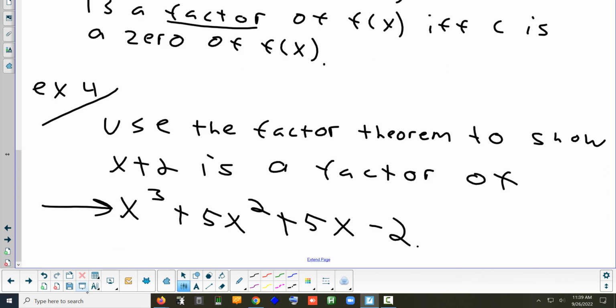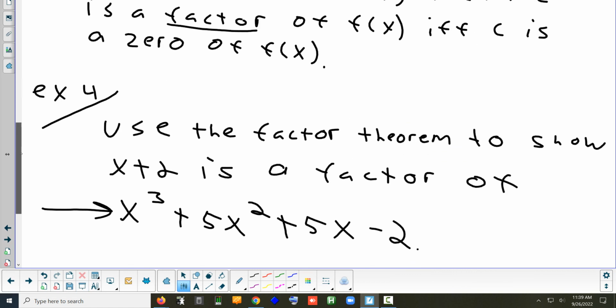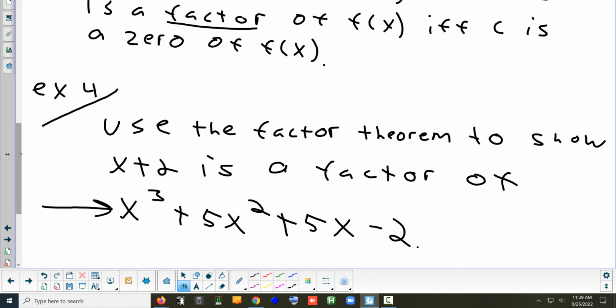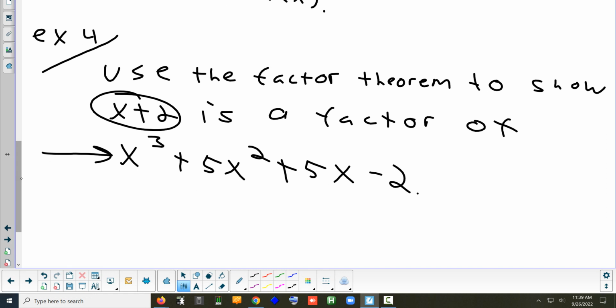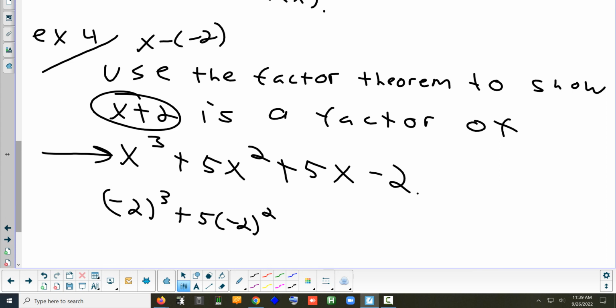All right, so what number would we plug in to this bottom polynomial to find the remainder when you divide by x plus 2? Yep, negative 2. So plug in negative 2 into the bottom. Wait, why negative 2? Because it's always the number that would come after the minus sign.